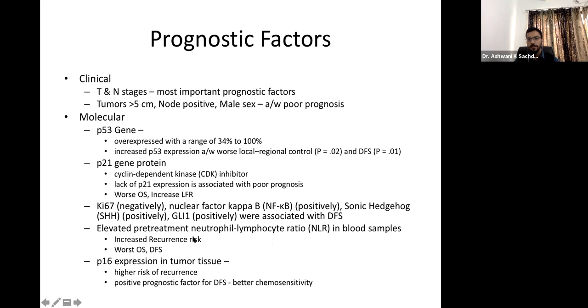And high pre-treatment neutrophil lymphocyte ratio in blood sample is associated with increased recurrence risk, worse overall survival. And P16 expression in tumor tissue is also associated with high risk of recurrence. These are HPV related tumors. There is high risk of recurrence, but again the prognosis is good because of the better chemosensitivity of HPV related tumors.